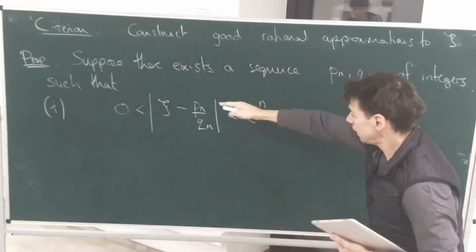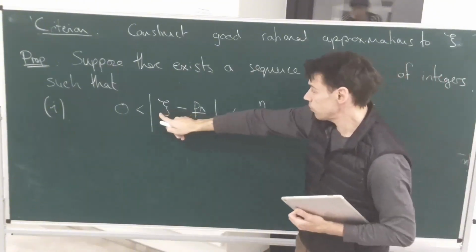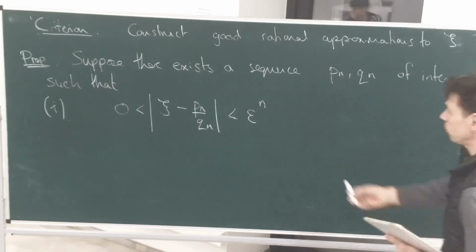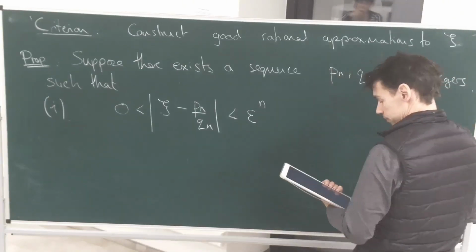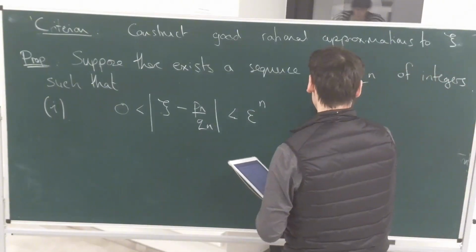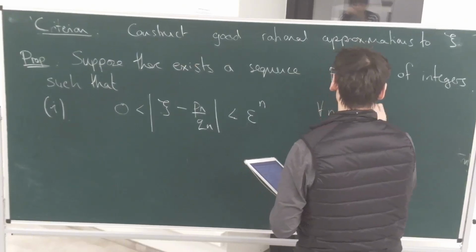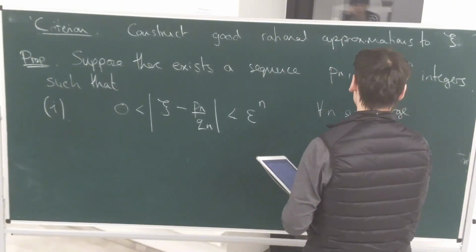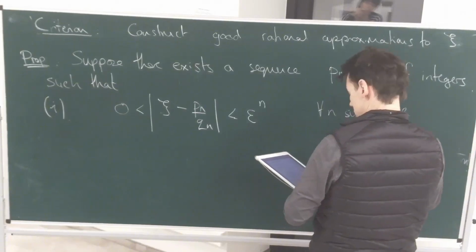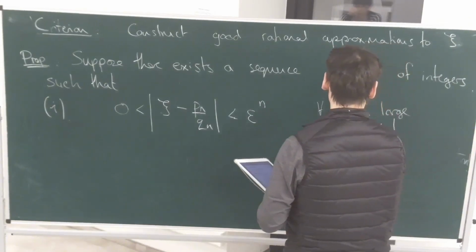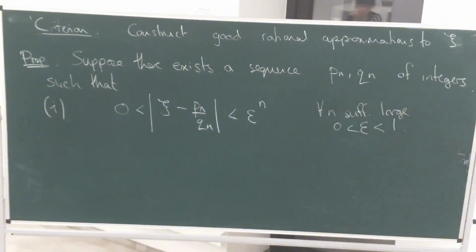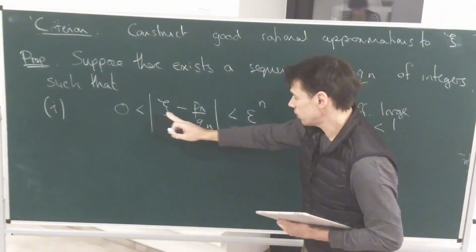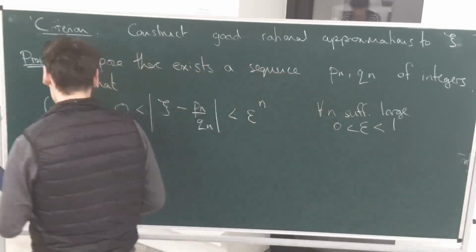So Pn divided by Qn is a rational number that will approximate our real number psi, and it will approximate it exponentially fast. So let's say, for all n sufficiently large, it is less than epsilon to the n, where epsilon is some small number. So we're going to give ourselves an infinite sequence of rational numbers getting very, very close, very fast to psi.